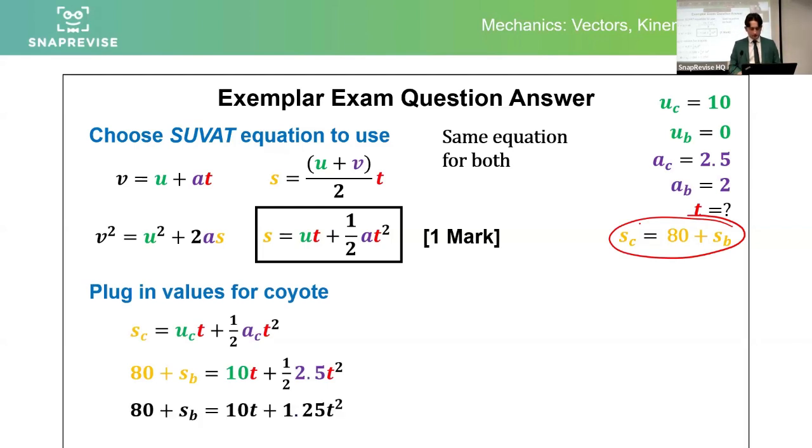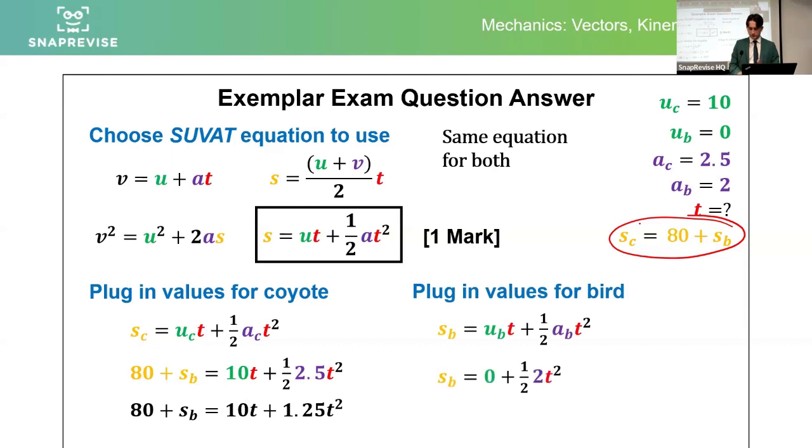So the bird, that's tidied up for the coyote. Now for the bird, the displacement is the initial velocity, which is 0, plus half times the acceleration times the time squared. The bird actually ends up with a displacement of t squared. That's really nice. So we can now link these together and we form a quadratic.